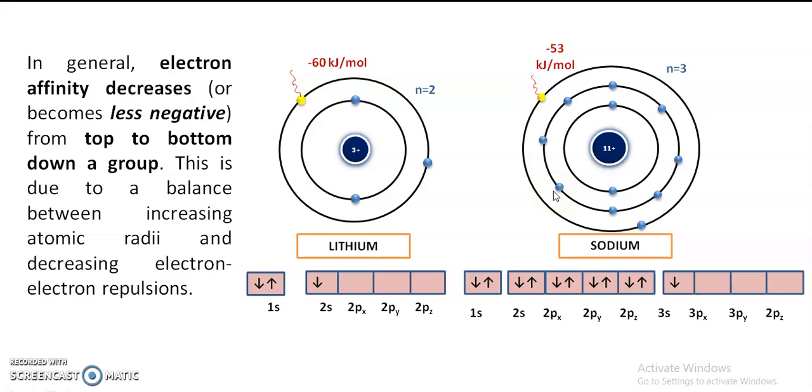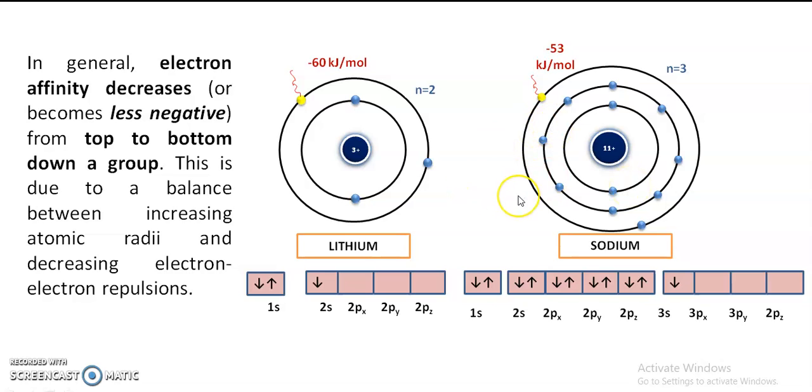The reason for this is that electrons are added to different energy levels and they don't have the same distance from the nucleus, and also the electron added in lithium is shielded by only these 2 electrons, and in sodium the newly added electron is shielded by 10 electrons.